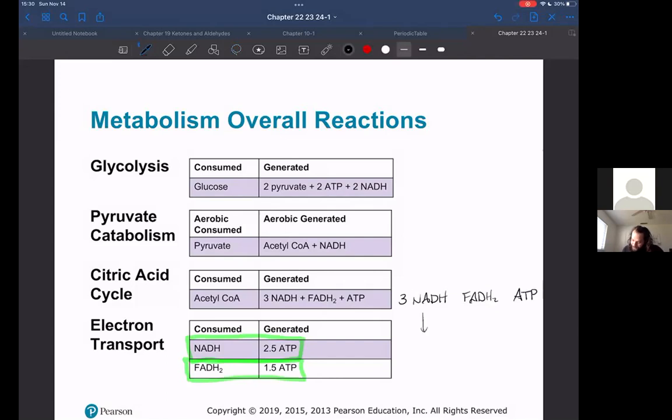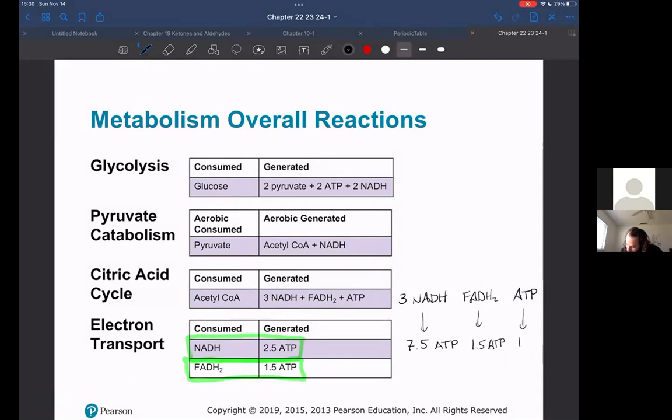Well, remember 3 NADHs multiplied by the 2.5 ATPs per NADH would give you 7.5 ATPs. FADH2 multiplied by the number of ATPs would give you 1.5, and then 1 ATP through that direct generation of the citric acid cycle, giving you a total of 10 ATPs per round of the citric acid cycle, right? So per molecule of acetyl-CoA, you get 1 round of the citric acid cycle, and each round of that citric acid cycle generates 10 ATP, considering the electron transport chain as well.